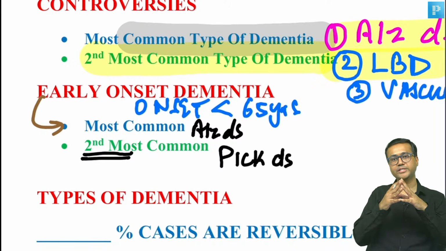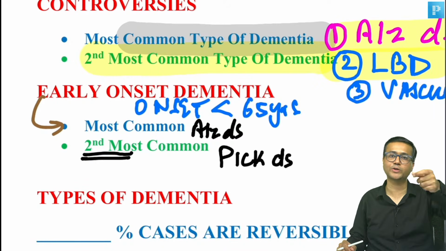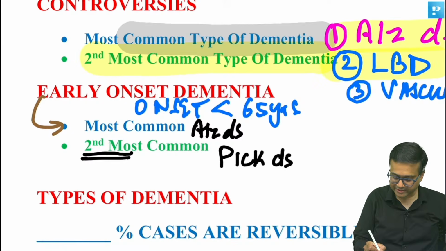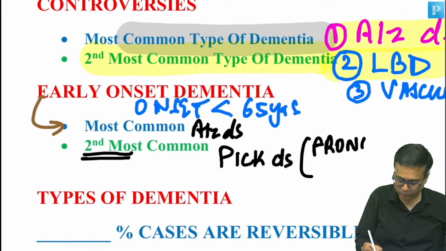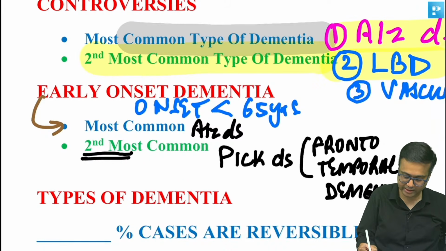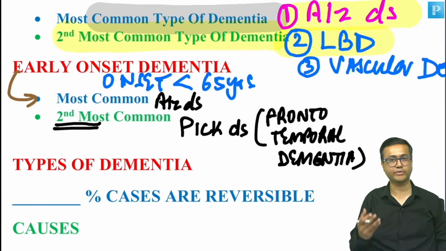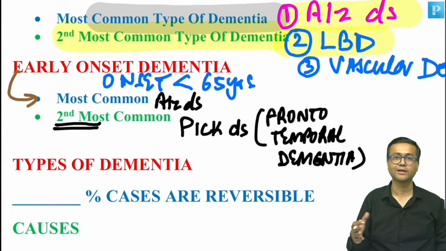We know dementia can be divided into cortical and subcortical dementia. If you know another name of Pick disease, you can answer this question. Pick disease is also known as frontotemporal dementia. The name tells us that the frontal and temporal lobes are getting affected, so it is a cortical dementia. Please remember this.